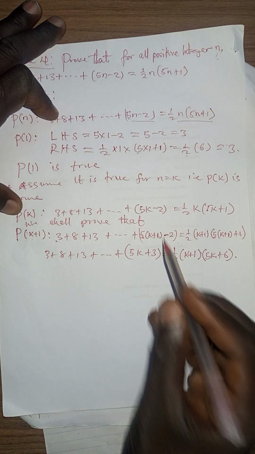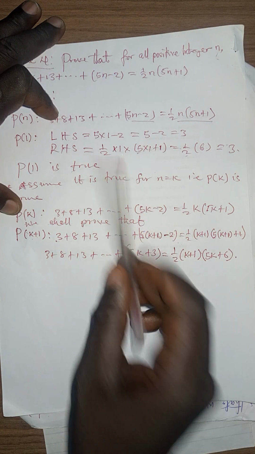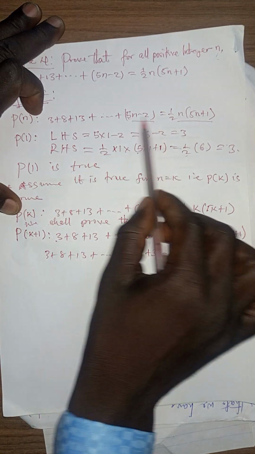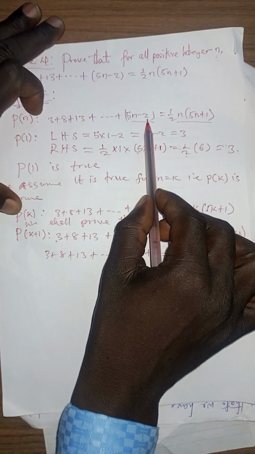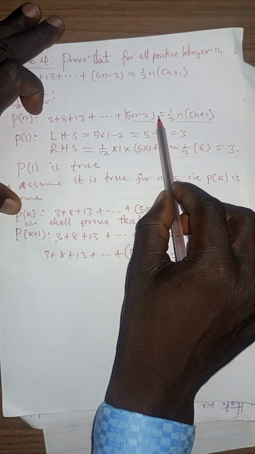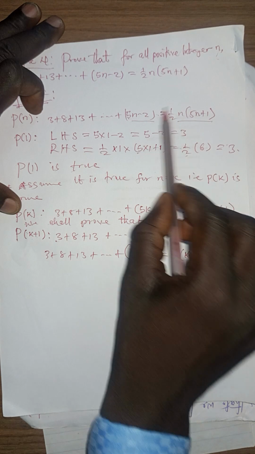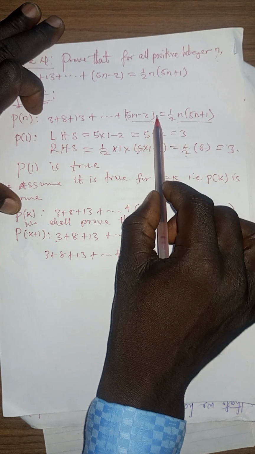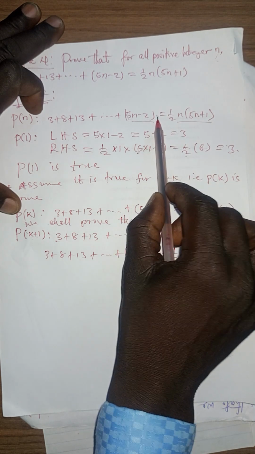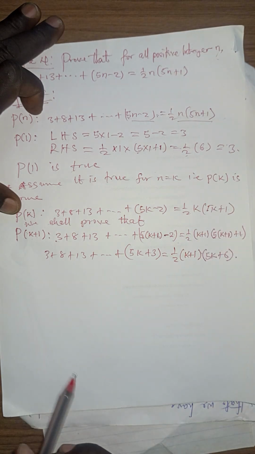In the left-hand side, if n is equal to k plus 1, it means you are moving ahead. You are adding just one term on the left-hand side. And since it is an equation, adding one term on the left-hand side involves adding the same term on the right-hand side.